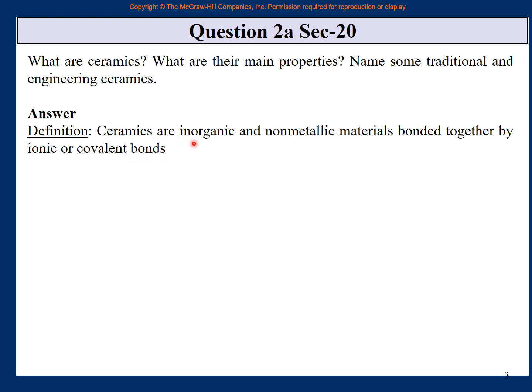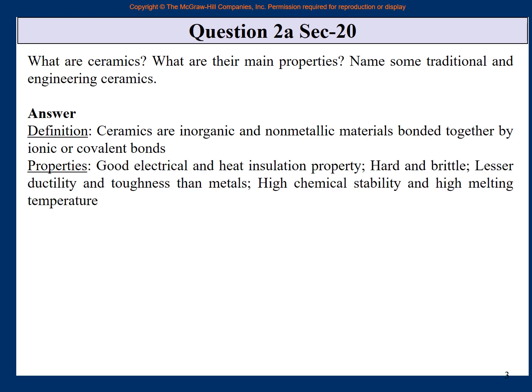This is important: ceramics, unlike say alloys, are not mixtures of materials, but are bonded. Generally there is one metal part and one non-metal part in a ceramic, with ionic or covalent bonds. Then what are their major properties?